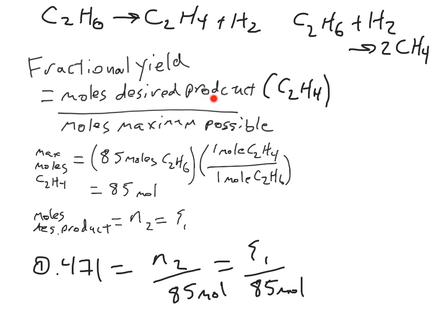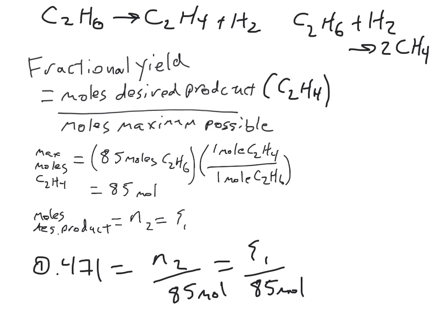The number of moles of our desired product, or what comes out of our reactor, that's N2, and that's also extent 1, based off the extent equation. The number of maximum moles, well, we just determined that up here, and we found that it's 85 moles. You see here 85 moles there, 85 moles there.